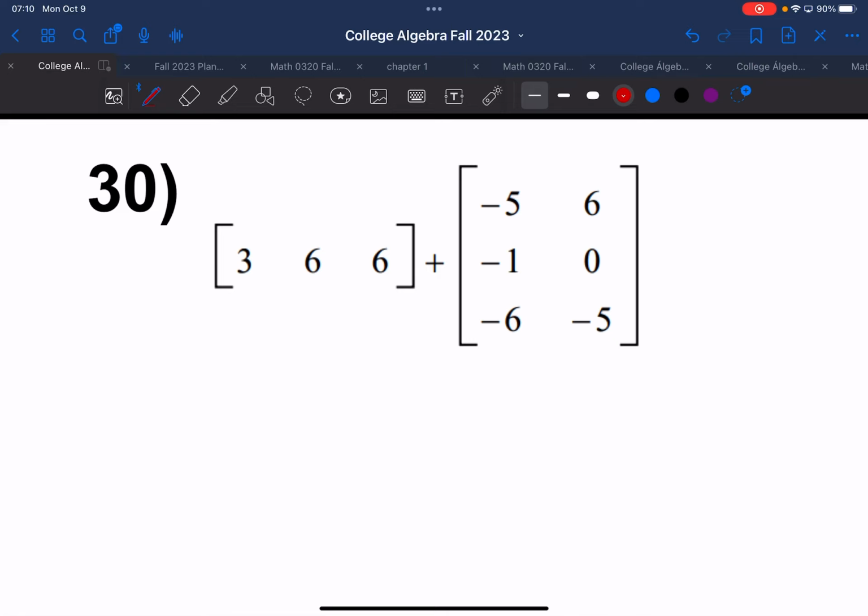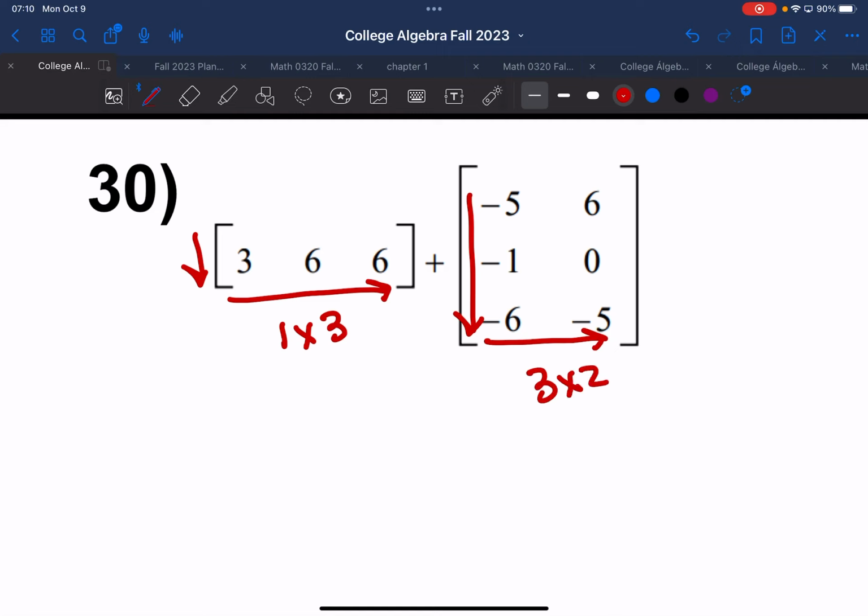So you should have got the first matrix to be a 1 by 3, and the second matrix to be a 3 by 2, which tells us our answer is what? Undefined.